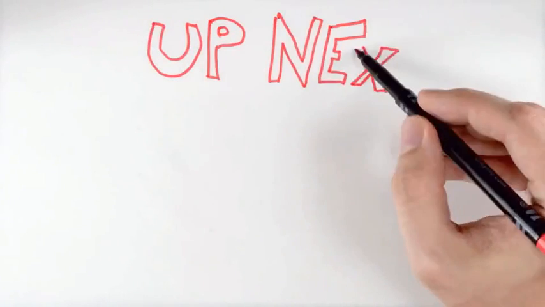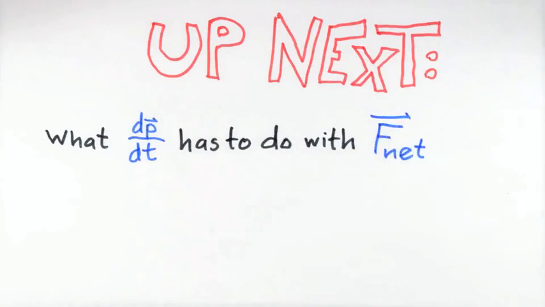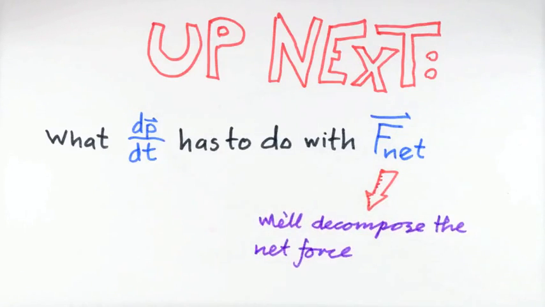Armed with these rather detailed descriptions of motion changes, we're now in a position to state how these changes are related to the total interactions, the net force. Because, as we said, dp dt is directly related to F net via Newton's second law, the decomposition of dp dt into parts will help us to describe a similar decomposition for F net. We'll discuss how that works in our next lecture.